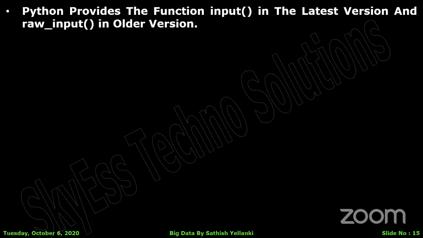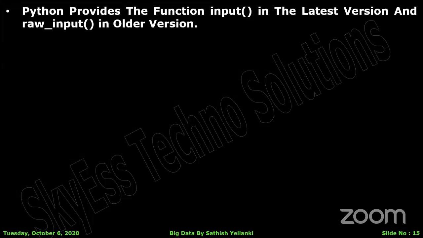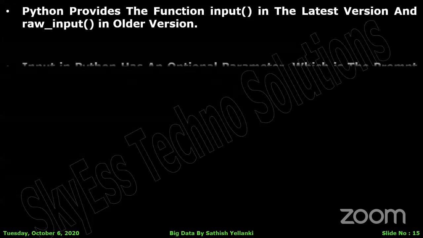Your input function always makes you get the data from your standardized interfaces. But here you should understand, whenever the input statement is capturing the data, be very clear, it considers any input data as a string.